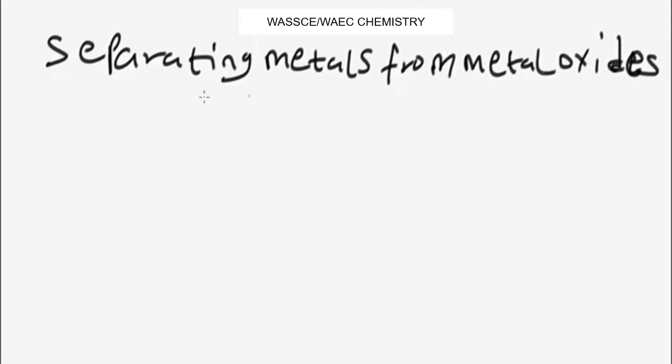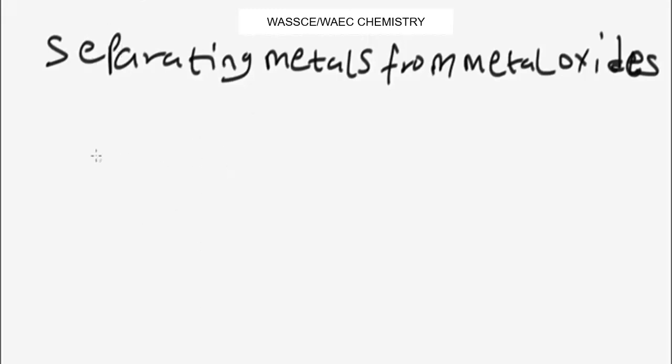Okay, so we're looking at this concept, separating metals from metal oxide. Now note that a reaction that separates a metal from its oxide is called a reduction reaction, whereas a reaction that forms a metal oxide from oxygen and a metal is called an oxidation reaction. Okay, so take note of this.